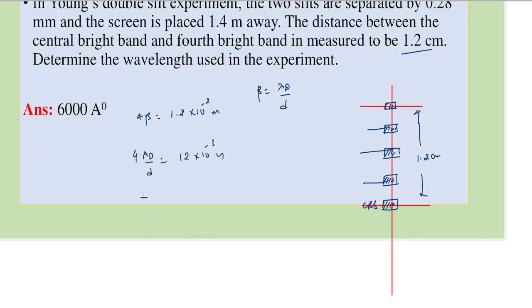And if you rewrite this, lambda is equal to, 4 ones are, 4 threes are, and what remains would be just 3 into 10 power minus 3 by capital D, which is 1.4, into small d, which is 0.28 into 10 power minus 3.